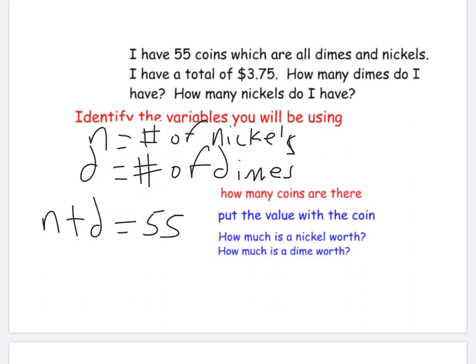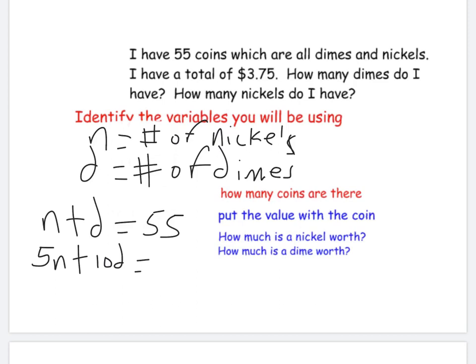We know nickels are 5 cents and dimes are 10 cents, right? These particularly, I don't necessarily write them as a decimal, because if you use a decimal, it gets a little bit more tricky when you come to multiplication and division versus if you use whole numbers. So I'm going to say that each nickel is worth 5 cents plus the amount of dimes, which is 10 cents a piece, so it's 10 times D is equal.